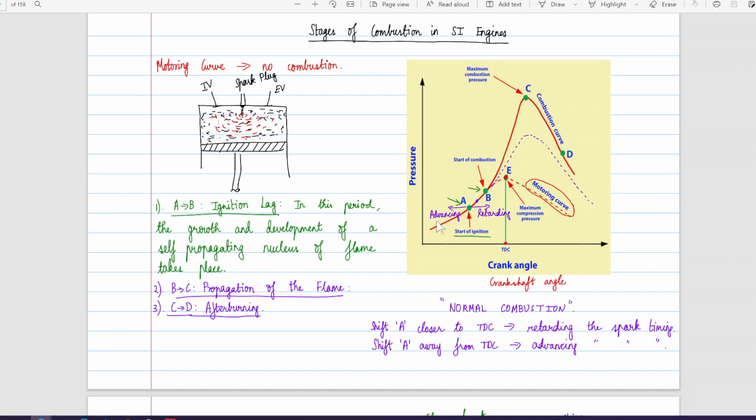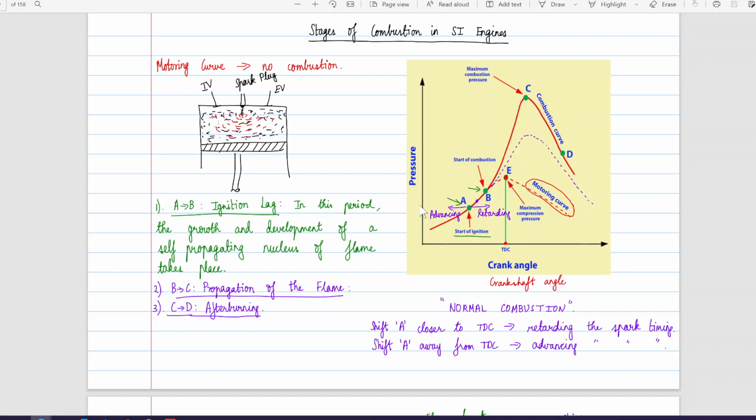As the crank rotates, the pressure starts increasing as the volume starts decreasing. Then from point A is where the ignition starts, right? And point B is where the combustion starts. So there is a little bit of lag between the growth and development of a self-propagating nucleus of a flame.